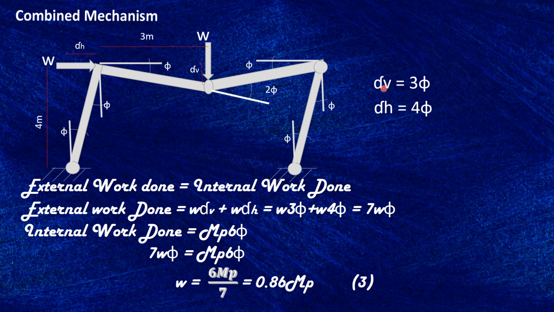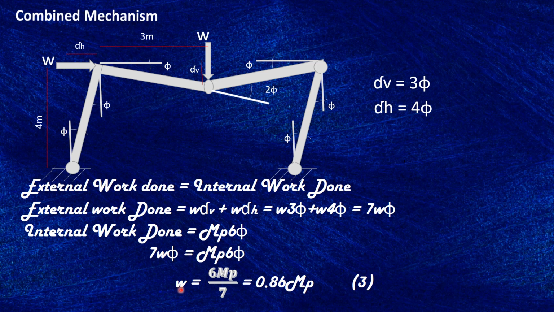Externally we have dV, which is equal to 3 theta, and dH, which is equal to 4 theta. So we have W times dV plus W times dH as the external work done. We've got 7W theta. The internal work done is 6 theta times MP.